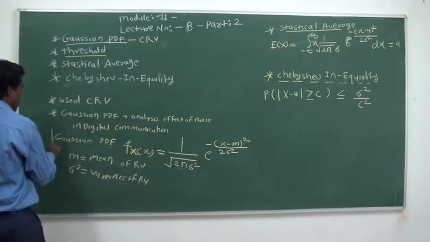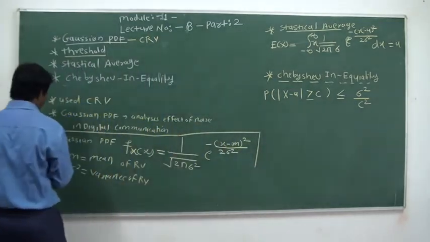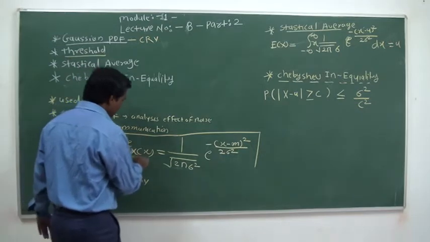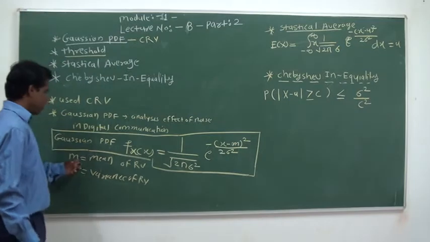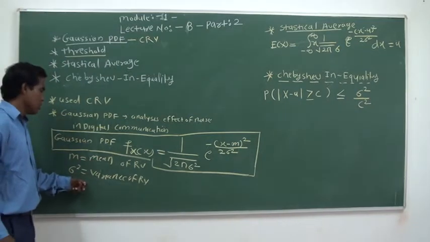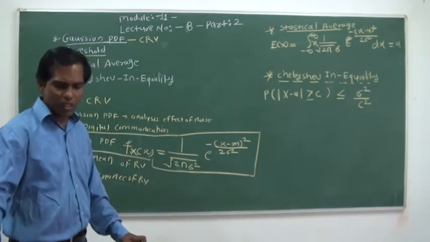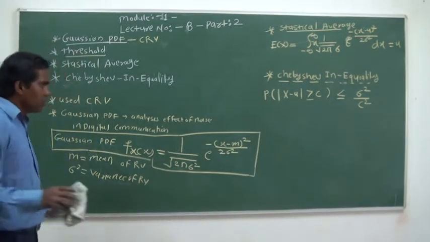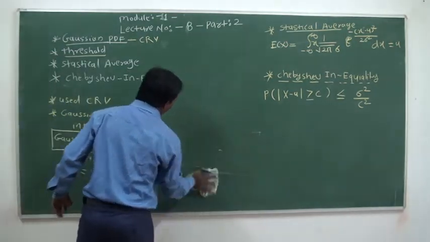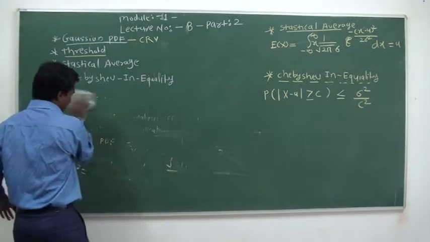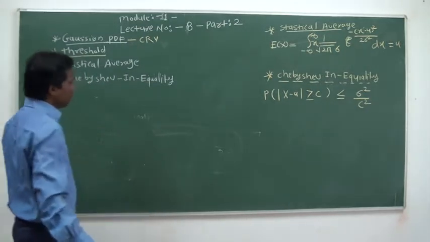So this is a very important formula to calculate the Gaussian probability density function for any continuous random variable, where you know the mean and the variance of that random variable. Now we can draw the perfect shape of the Gaussian PDF, and some properties are very helpful while analyzing noise.